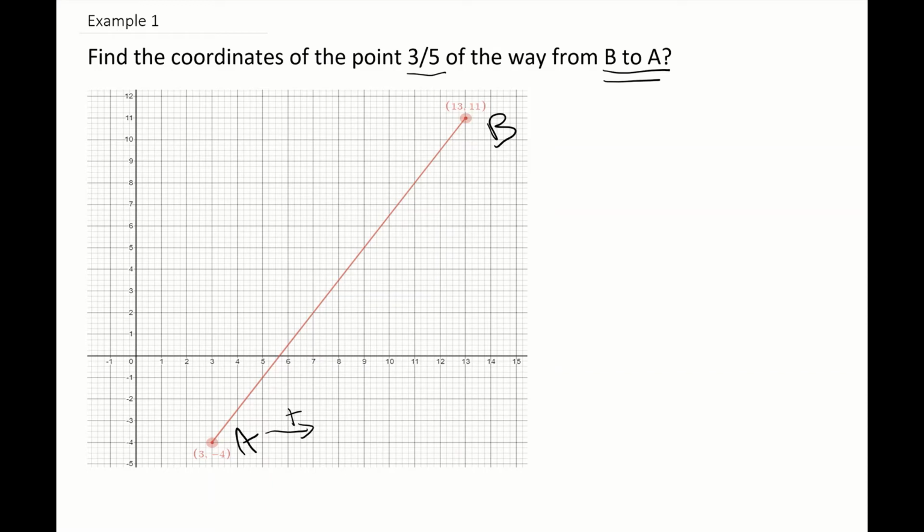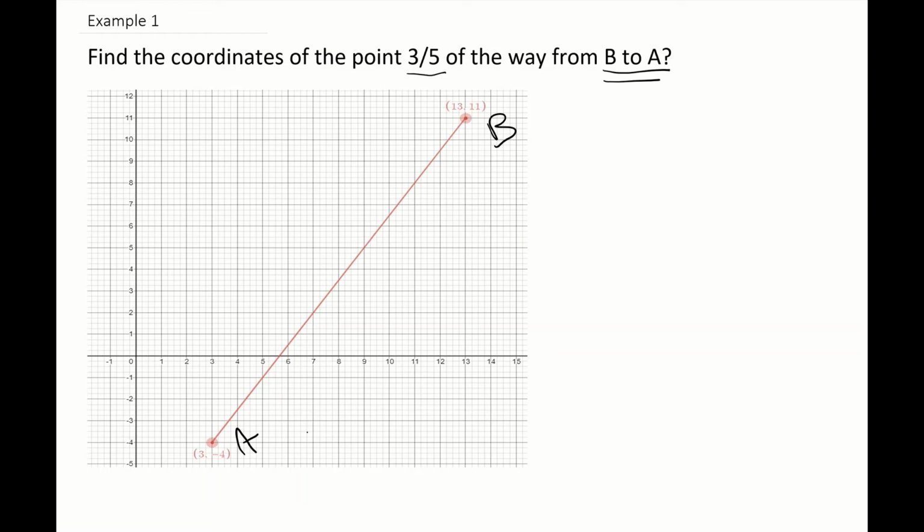If you want a coordinate to the right of A, you have to add something. If you start at B, though, and have to be somewhere on the line segment, you're going to go to the left, and going left means subtracting. So we're going to see in the formula that instead of adding for the x and the y, we're going to be subtracting. I'll show what I mean as we get to that step.